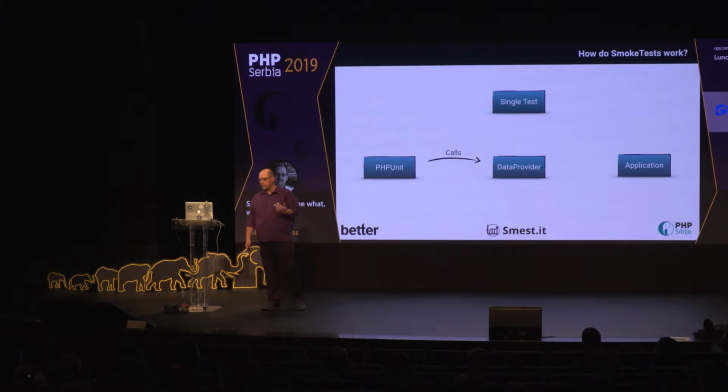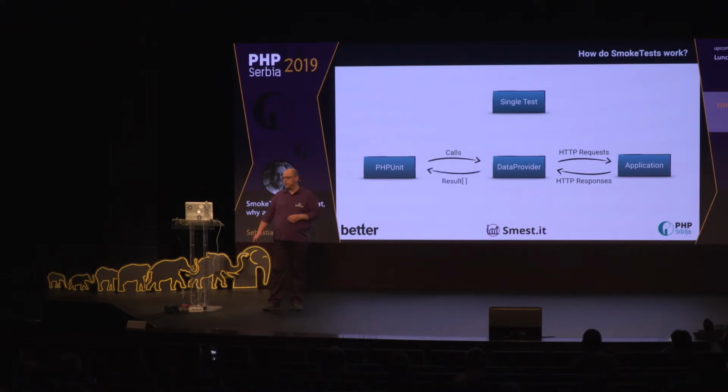So PHPUnit will call the data provider first. And the data provider itself, including the concurrency, takes care of testing your application and creating the list of results. So you get the HTTP responses back to the data provider, it generates the results, and then just the results are run in the single tests.